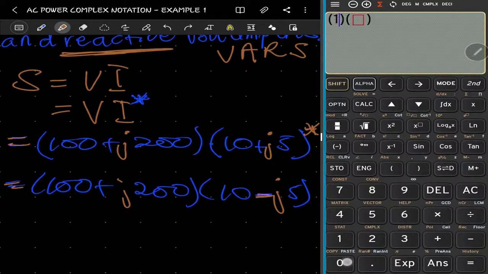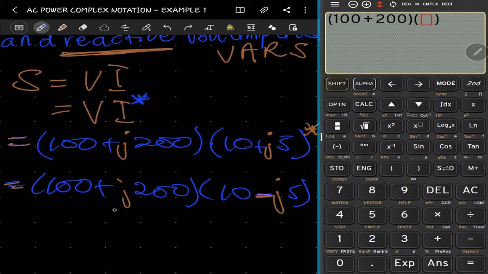I just go on and say 100 plus 200. When it comes to the calculator, it wants you to use this notation. It uses i, this j here, and you get that by seeing where you have the engineer, you press the top, and you get the i or the j. That's the equivalent for the j. I want you to put it after the number, not before.